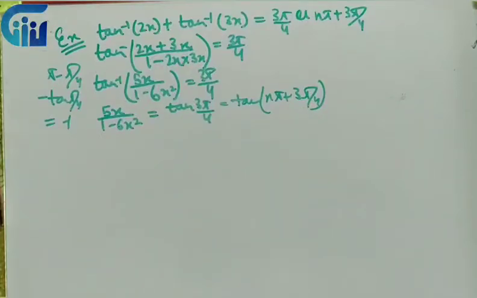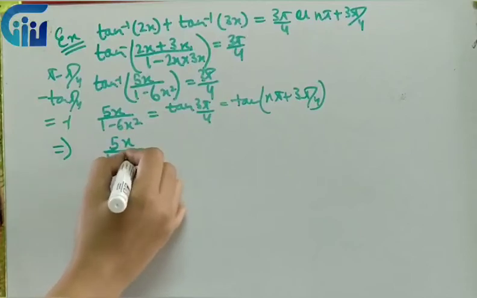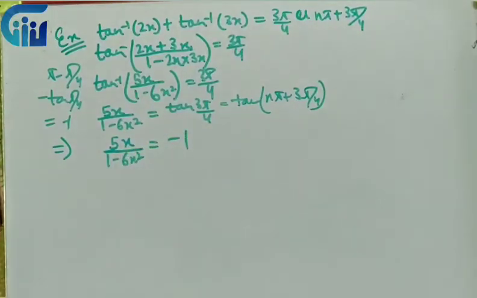So n pi means 1 pi, 2 pi, pi plus something. So we will write it in the third quadrant, so it will be written as 3 pi by 4, right? Then further, this is minus 1, so we will write 5x upon 1 minus 6x square is equal to minus 1.